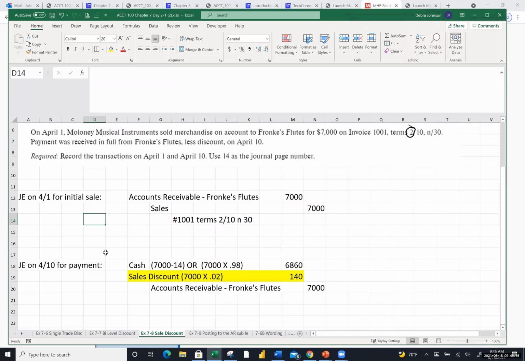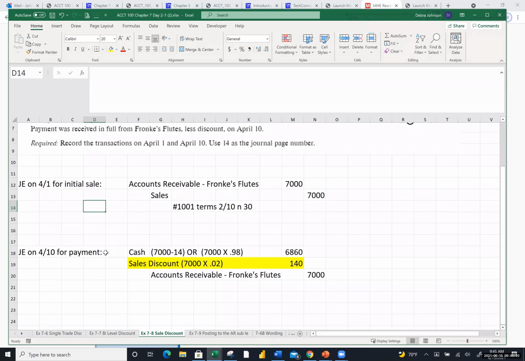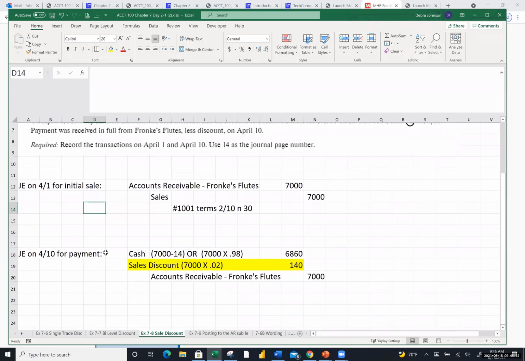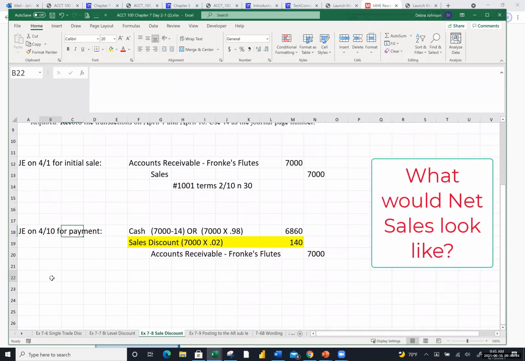So the last thing I want to show you before I go on to the next one, if this were our only transaction for the company, I want to show you how the chunk on the income statement called net sales would look. So first, I'm going to use the word chunk. You won't find that word in your book. It's my slang.